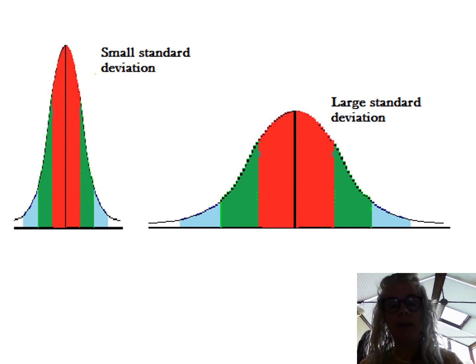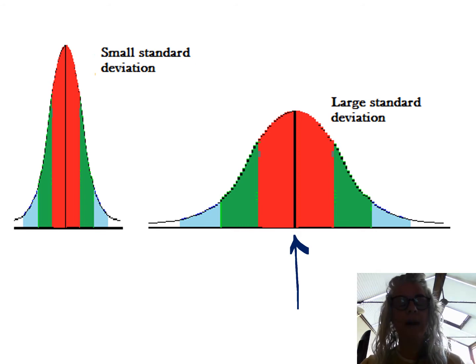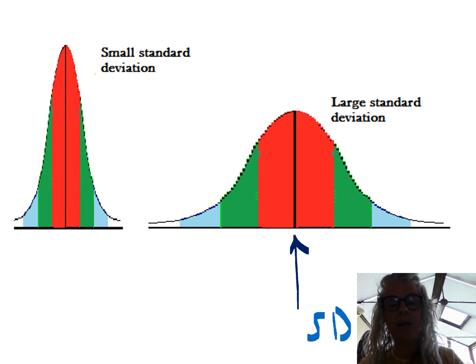Now, if you calculate the mean, can I draw this here? That's the mean. You then work out what the value for standard deviation is. Now, it doesn't matter whether it's plus or minus, the standard deviation value is the same. If you do standard deviation plus the mean, it will give you the edge of that red there.